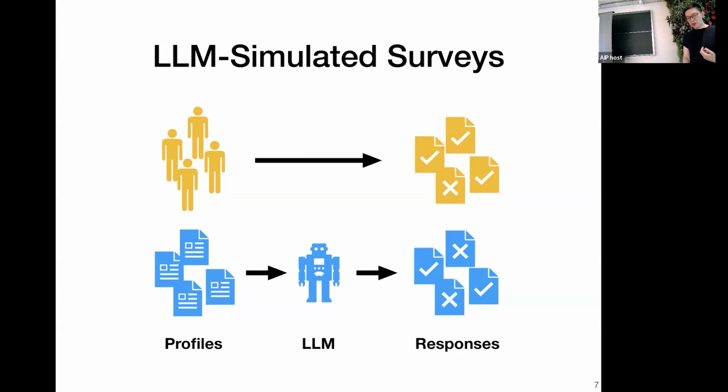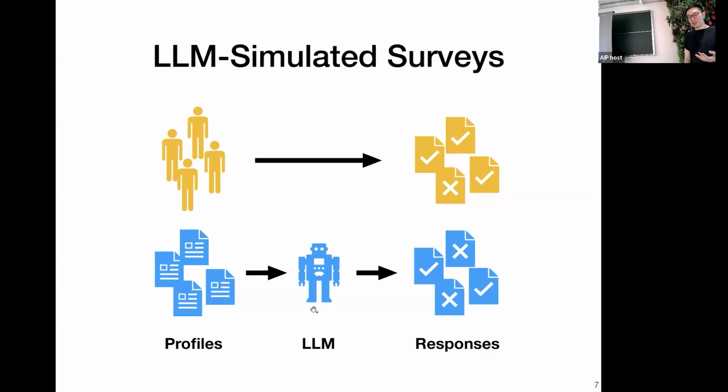And when you use the large language models, instead of querying real people, you start with a database of user profiles, right? So each document or each row in your spreadsheet could correspond to one person of interest. And then you randomly select one profile from your database and hand it over to the large language model.